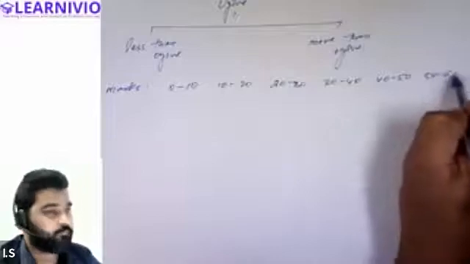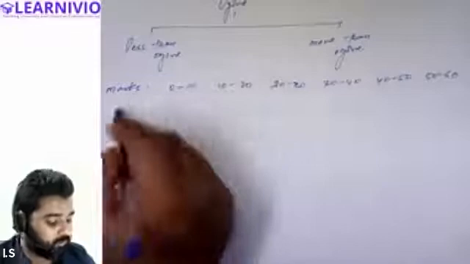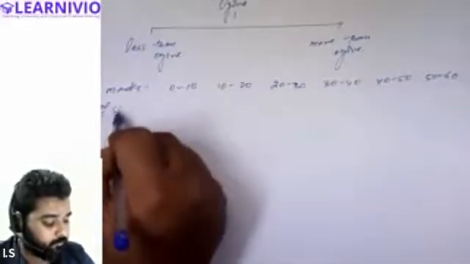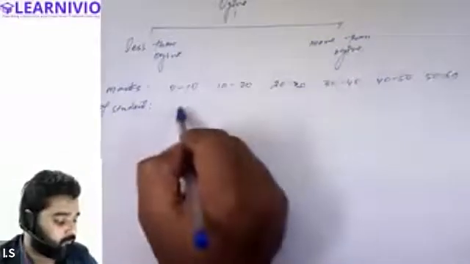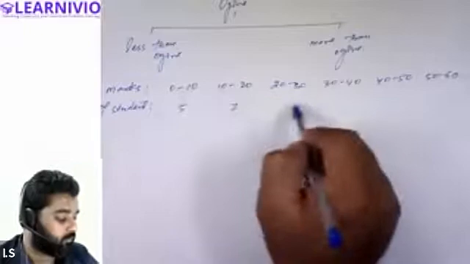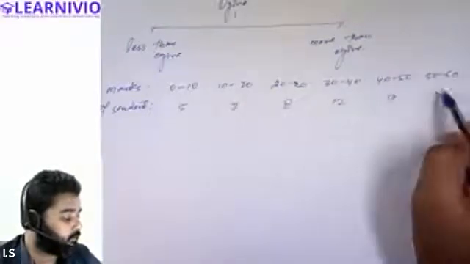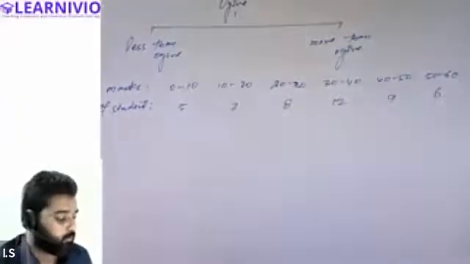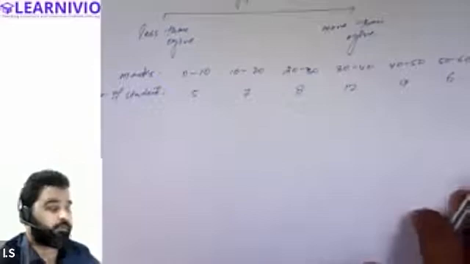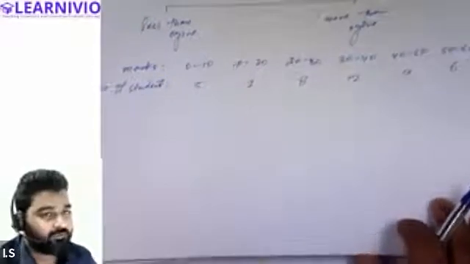These are the various classes for the marks, and we have the number of students as well. Students who have scored between 0 to 10 are 5, then 7, 8, 12, 9, and 6. All right. Now, in order to prepare the ogive, we need to convert this.